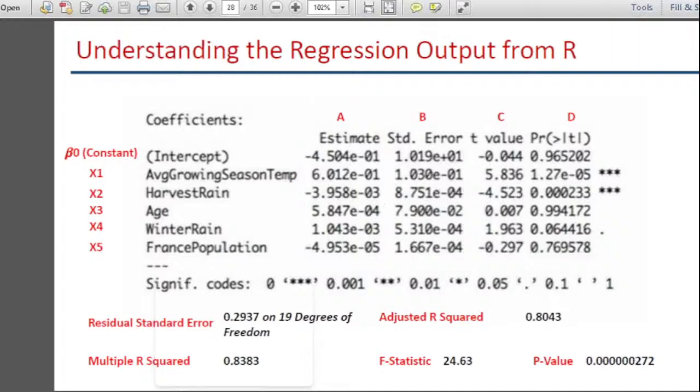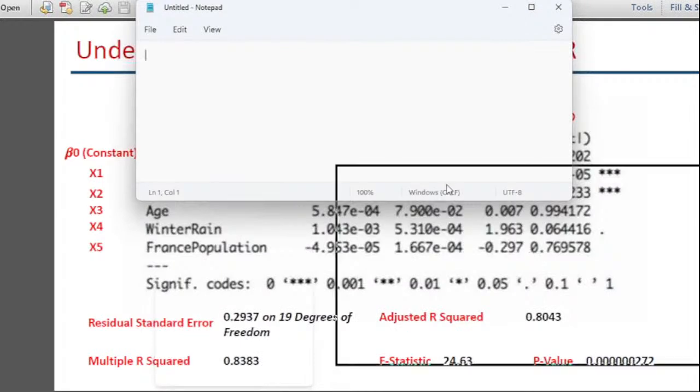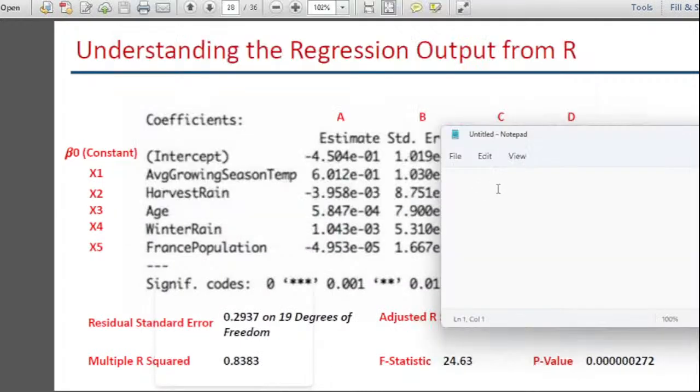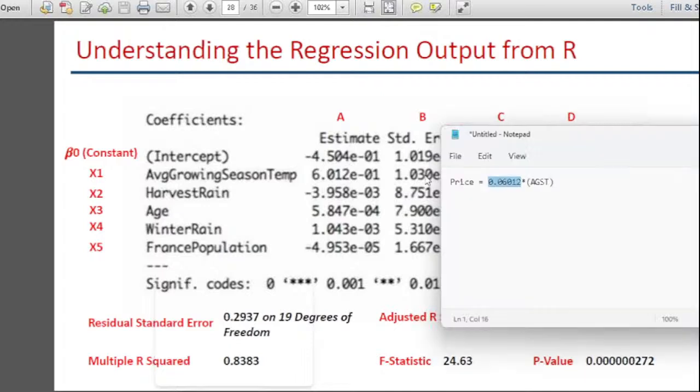What I'll do is I'll write it here in notepad just to make you understand. So my regression line is going to be price equal to 0.06012 AGST. Now 0.0612 is coming from here. Notice it's e to the power minus 1. I think it should be 0.6.